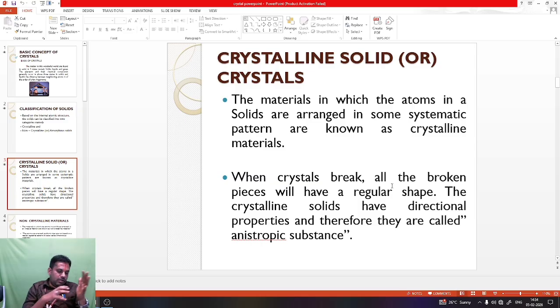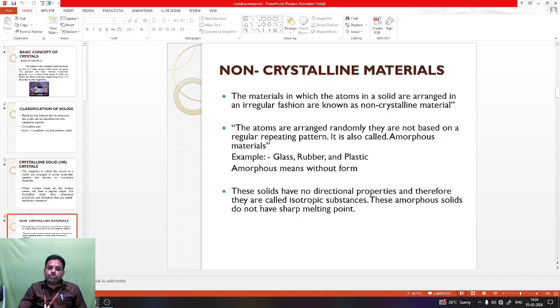But when you compare these three magnetized samples, only one direction gives maximum magnetism, and the other two directions give less magnetism. This is called directional property. When the property varies with direction, we call it an anisotropic substance. So crystals exhibit anisotropic behavior.